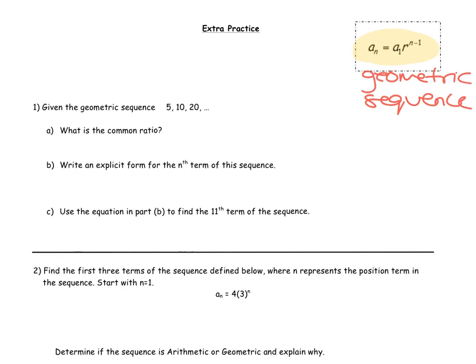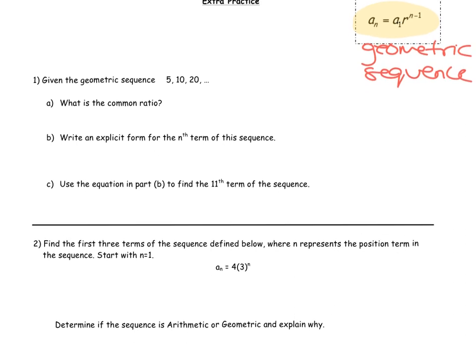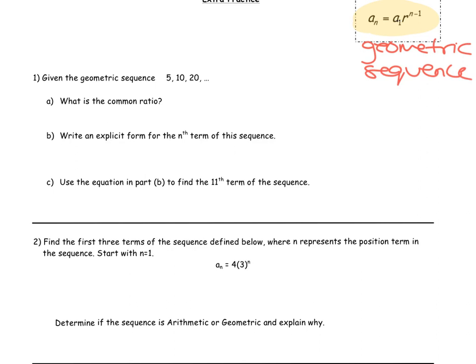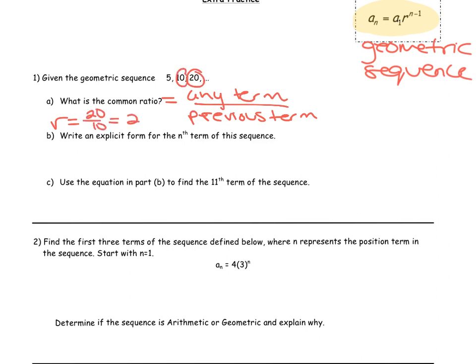Okay, so for question number 1, given the geometric sequence, what's the common ratio? So again, to find that common ratio, we take any term and we divide by the previous term. So I'm going to take any term, let's say 20, and I'll divide it by 10. Well, 20 over 10 is 2. So there's your common ratio.